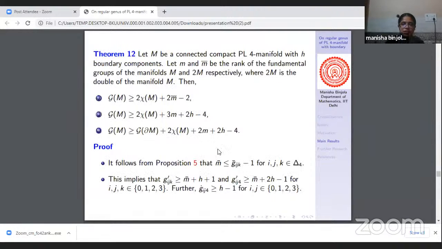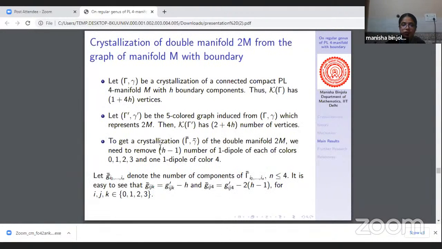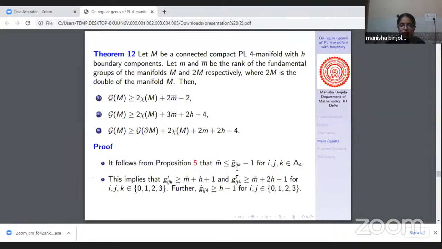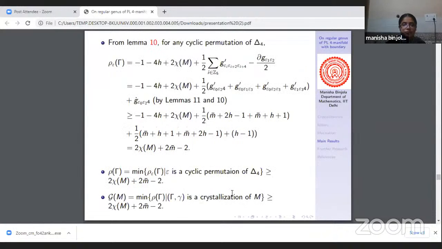Now this is the main result. Let M be a manifold with H boundary components, and let m and m bar be the ranks of the fundamental groups of M and 2M, the double manifold, respectively. Then we have three lower bounds for the regular genus of M. Now from proposition 5, since gamma bar is a crystallization we have constructed here, we get this, and from the last thing we get these inequalities.